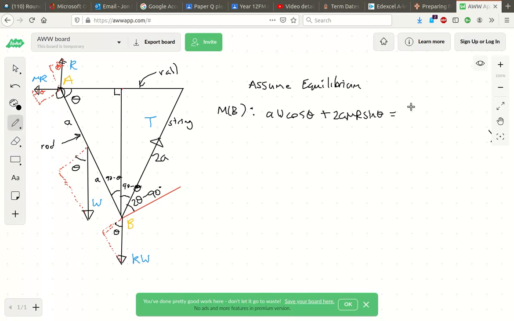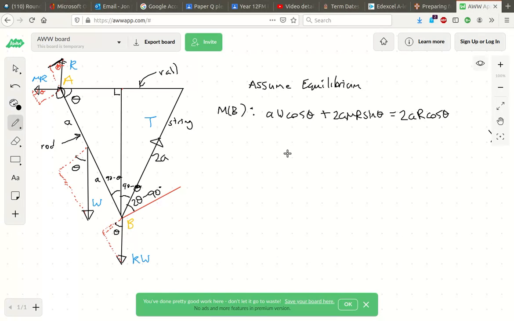And then that is going to be equal to 2a R, oh sorry, 2a R cos theta. That's because I want this side of that little right-angled triangle, and that's cos. So I'm going to have 2a R cos theta for that moment there.